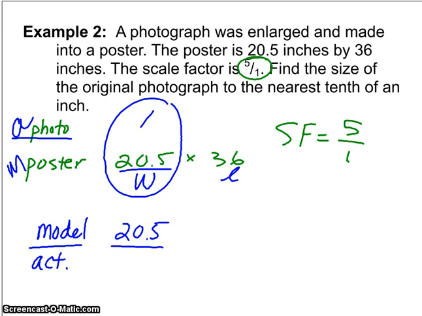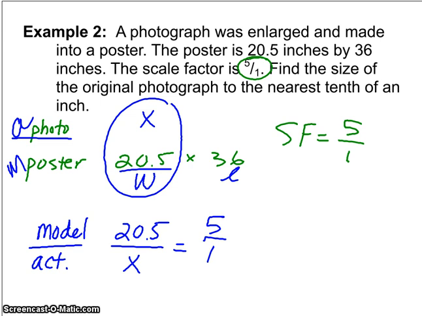We do not know what the width was. But we do know the scale factor, so we can write a proportion using our scale factor. In other words, our poster, when we were finished with the enlargement, was 20.5 inches. We don't know what our original photo was, but we also know the scale factor. And remember, to solve proportions, we do what?